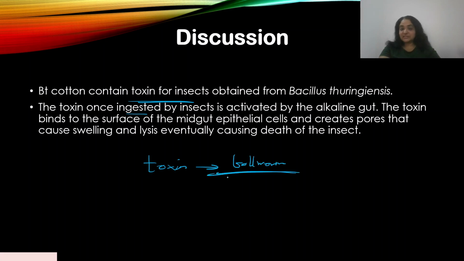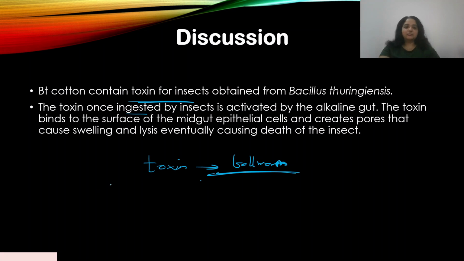A bollworm is an insect which affects the cotton plants. So now, if the bollworm tries to eat into the BT cotton plant, it will kill this insect, because of that toxin that's present in BT cotton.